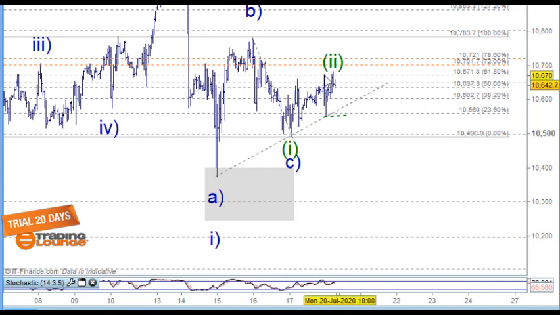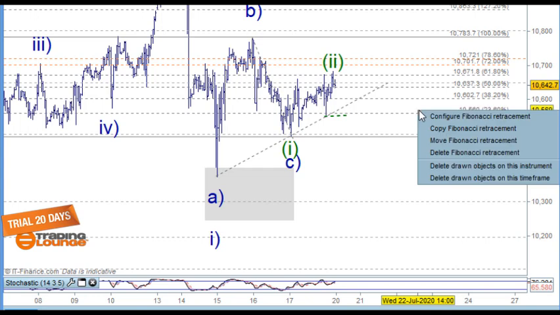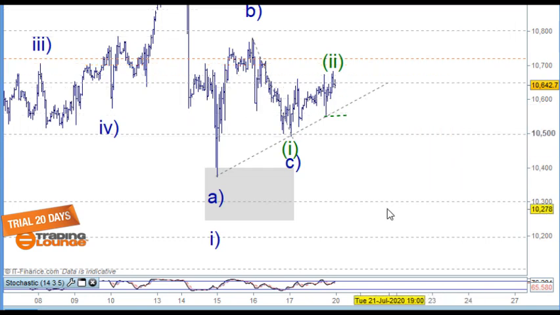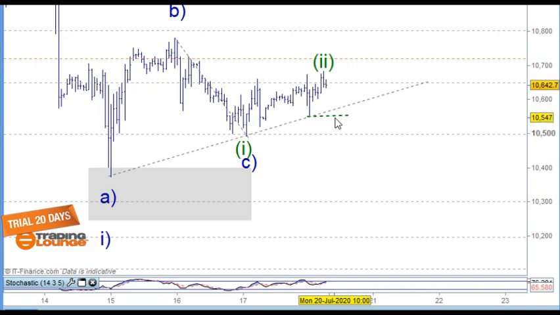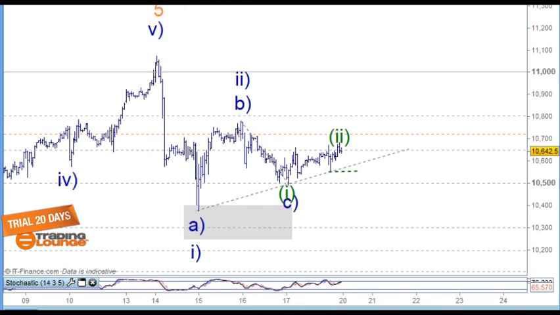So 61.8% on these highs here, so it could be in bearish mode. So that's why I've got that trade sitting here at 10,005, just under the 10,550 at that point.